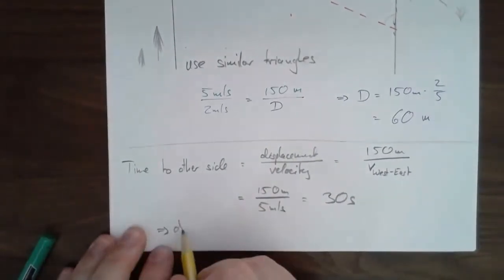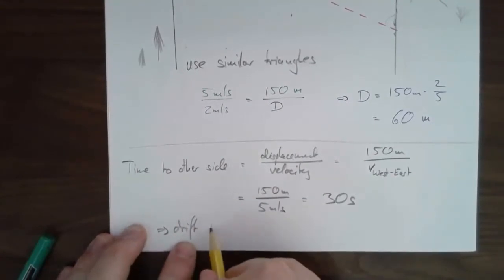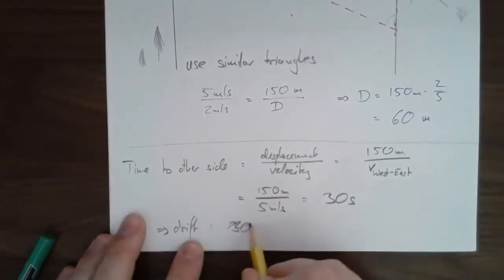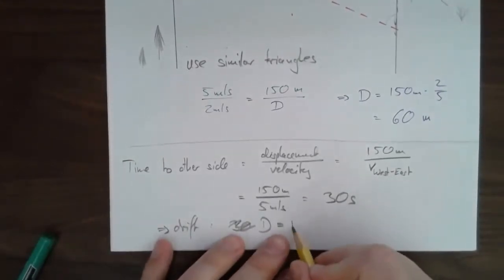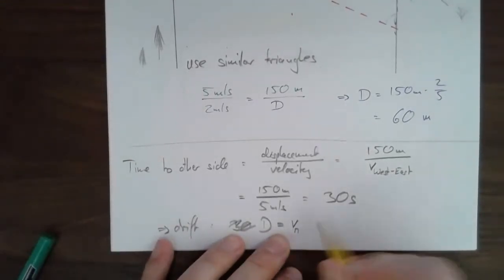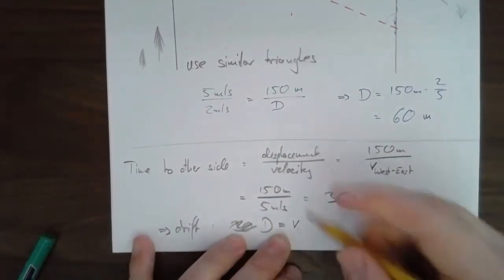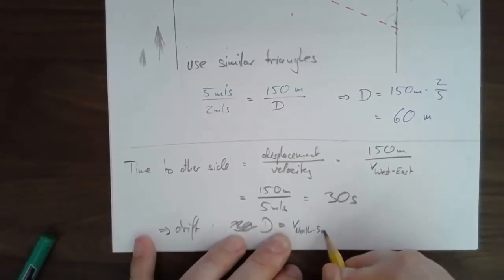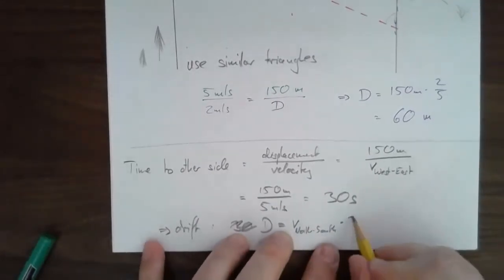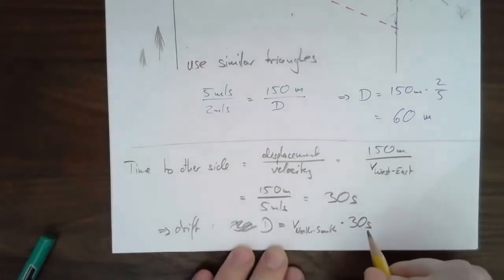And so we drift by, when we write down our D is equal to the velocity in the north-south direction times the 30 seconds, because that's the time we spent on the water.